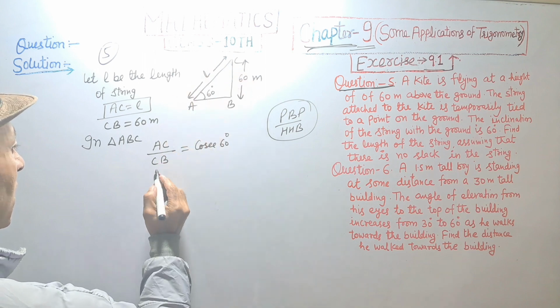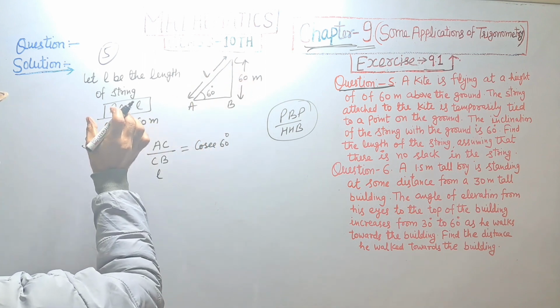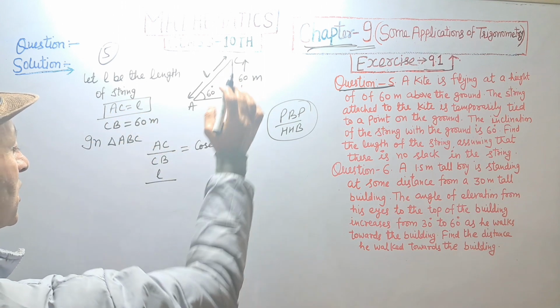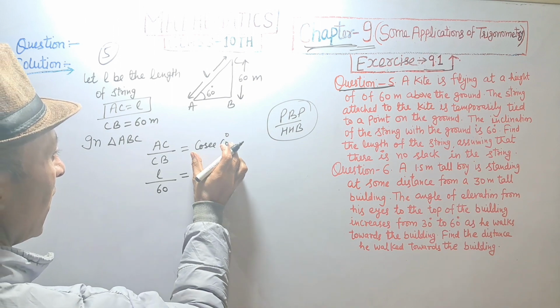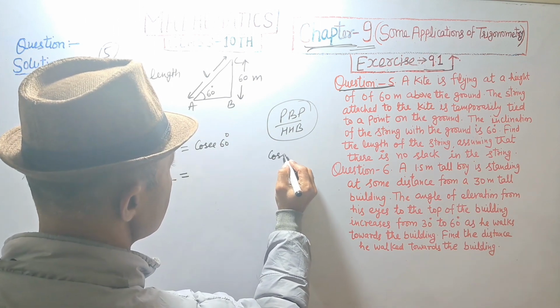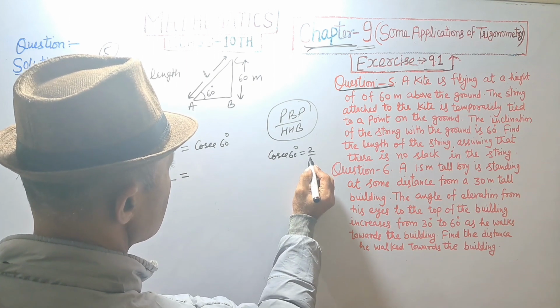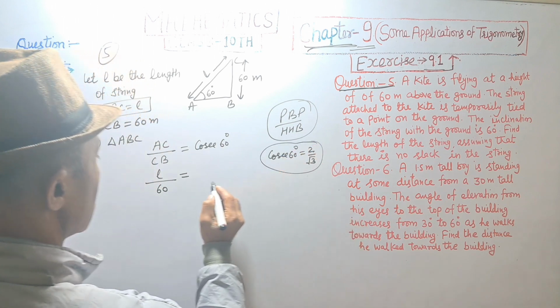AC is L. Assume AC is equal to L, the length of string, divided by CB, which is 60 meters, that is 60, and cosecant 60 degrees is equal to, as we know, 2 upon root 3.